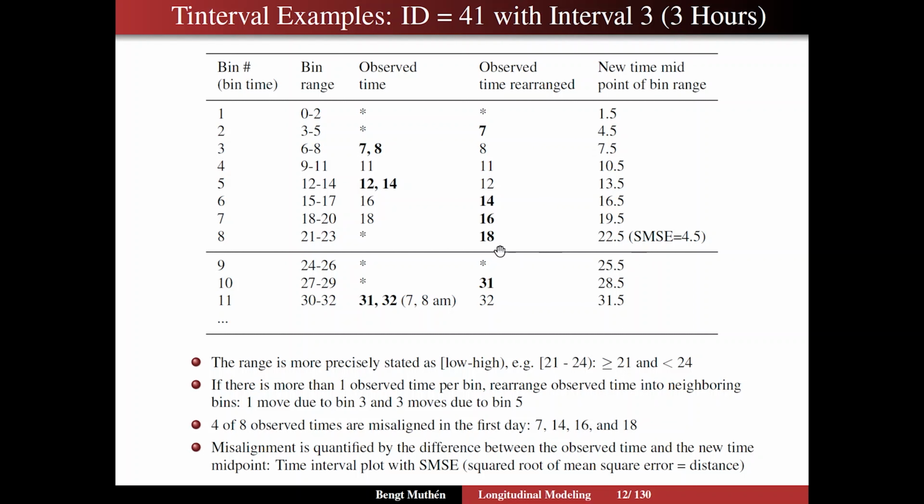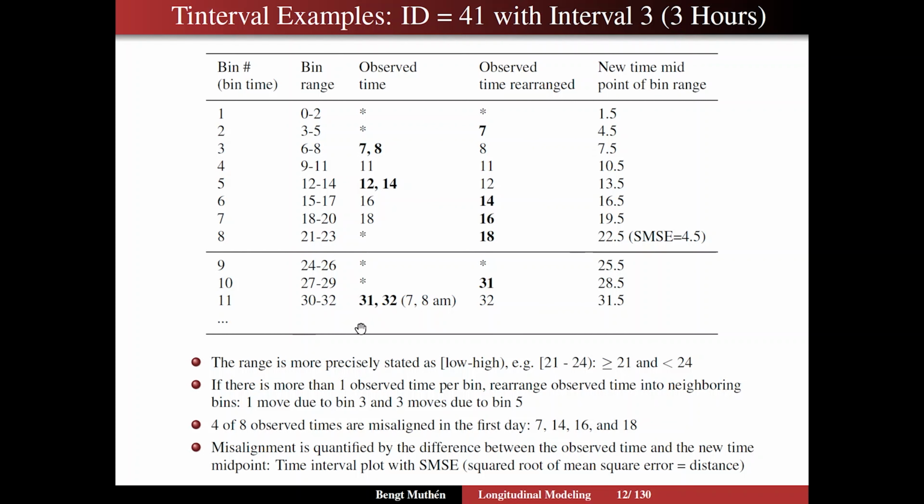So you have to decide yourself from a substantive point of view, is this an important deviation? How you feel, positive affect or negative affect at 6, does that distort the picture if you pretend that that happens at 10 in the evening? Or is that not important? And also to see how often does it happen? How many people does it happen for? Perhaps it's ignorable because of that.